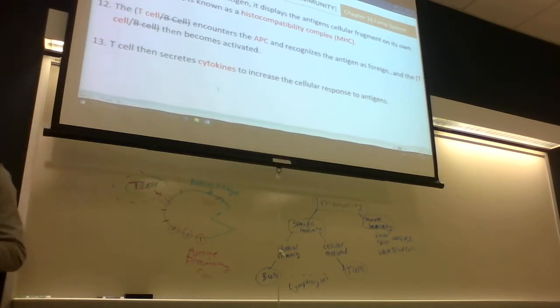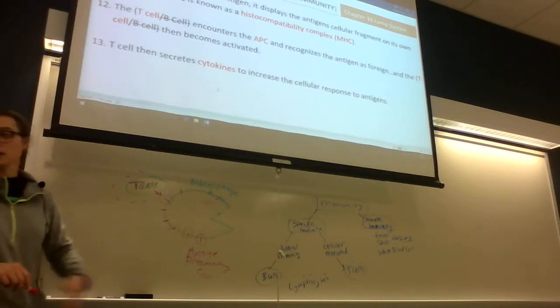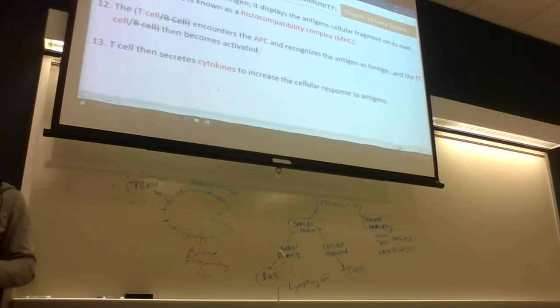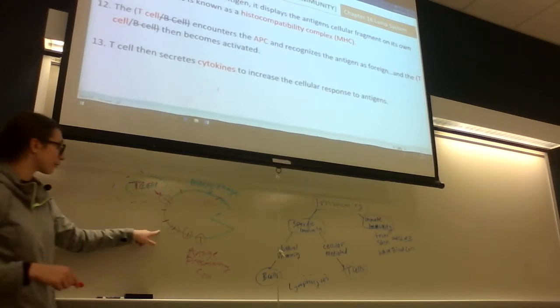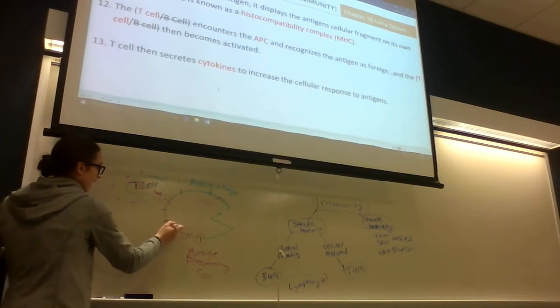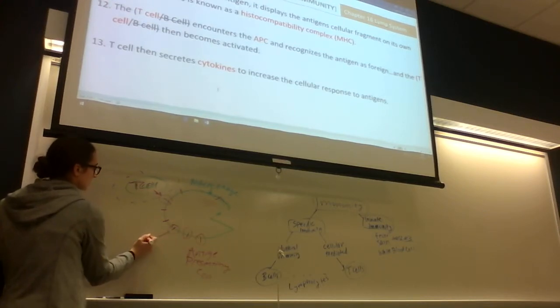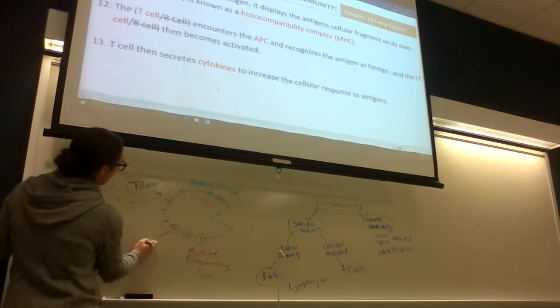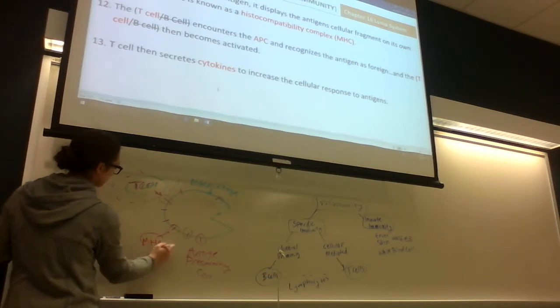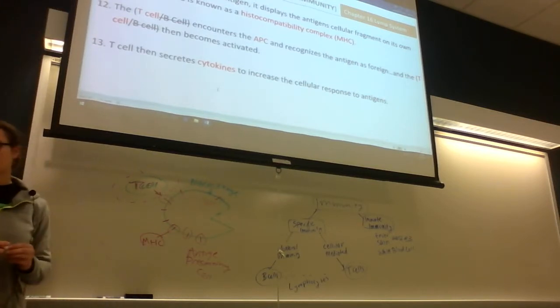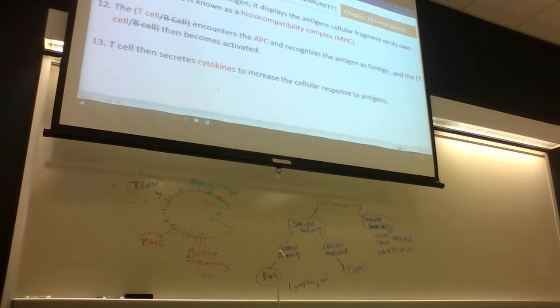So when an antigen presenting cell right here digests the pathogen and it displays its antigen fragments on its own membrane, these little fragments that it displays are known as MHC, and this is a histocompatibility complex.